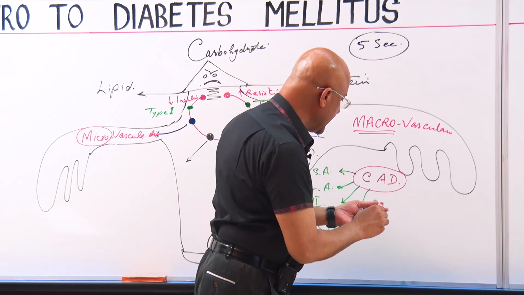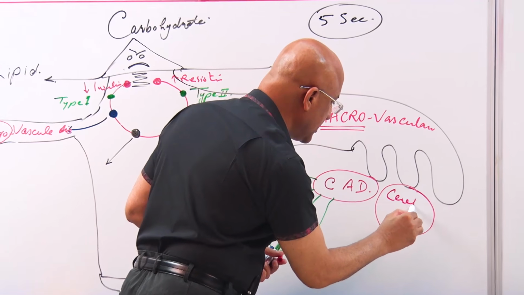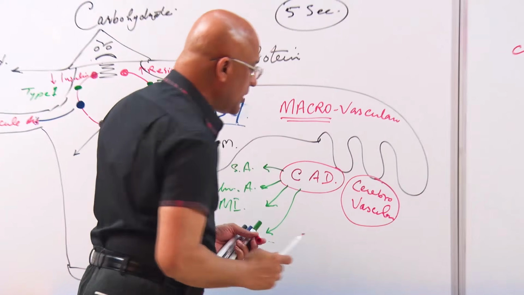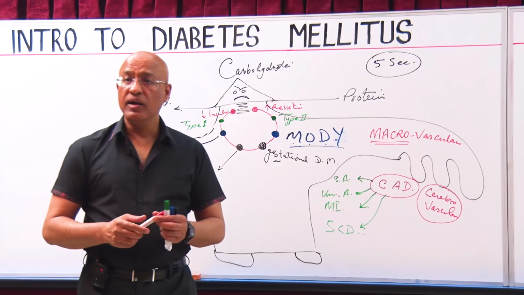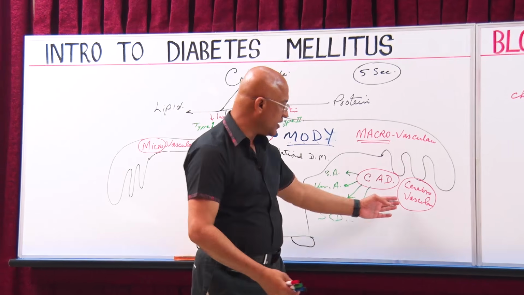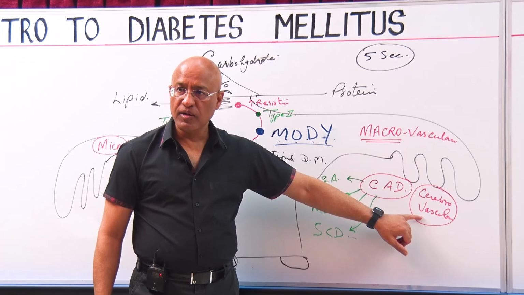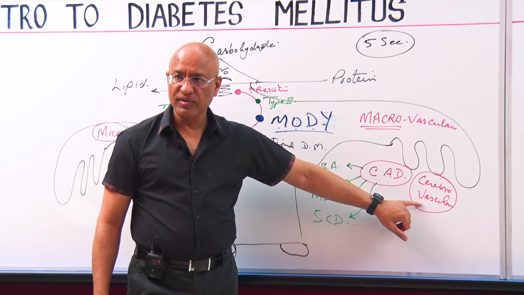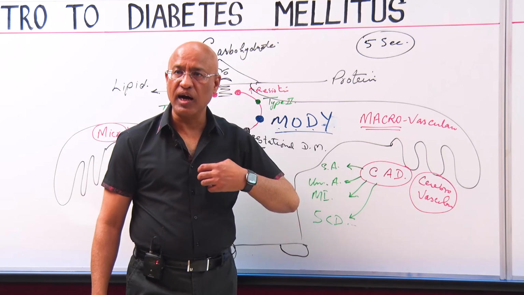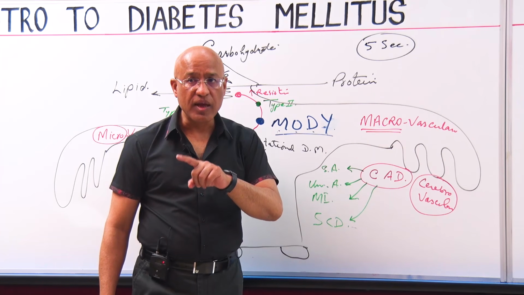Let's talk about another macrovascular complication, that is cerebrovascular complications. Cerebrovascular events or cerebrovascular accidents. What I mean by this is that in patients with diabetes mellitus, large vessels or medium-sized vessels, either related to the heart or to the central nervous system, develop what kind of disease?